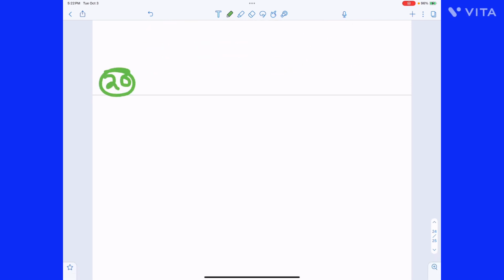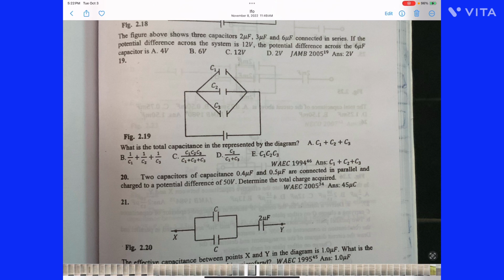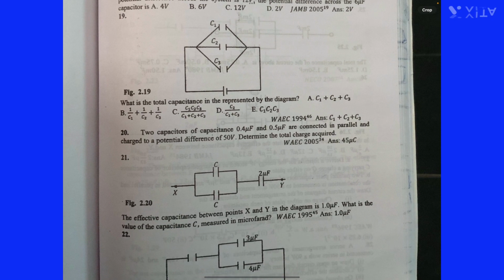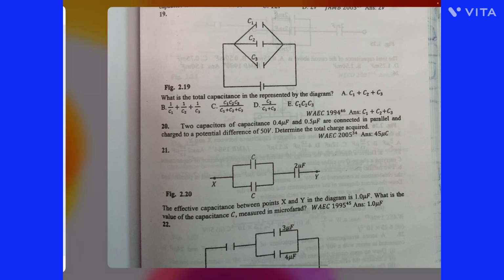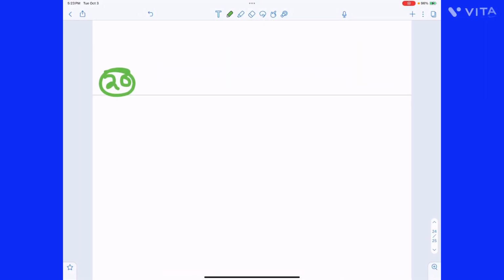Number 20. Question 20 says, two capacitors of capacitance 0.4 microfarad and 0.5 microfarad are connected in parallel and charged to a potential difference of 50 volts. Determine the total charge acquired. Okay.